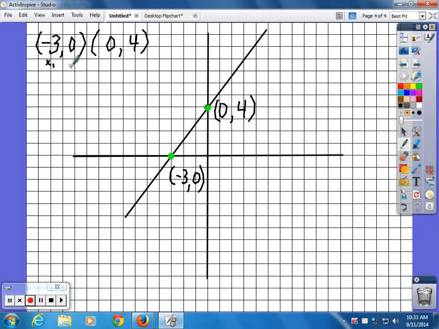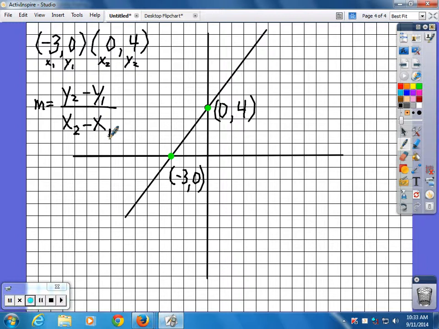So what is this? x1, y1, x2, y2. Plug and chug. m is equal to y2 minus y1 over x2 minus x1. And I always tell students when they plug in to use what?